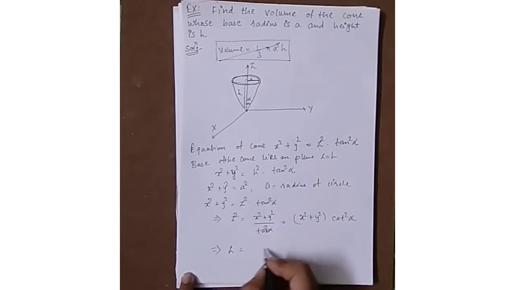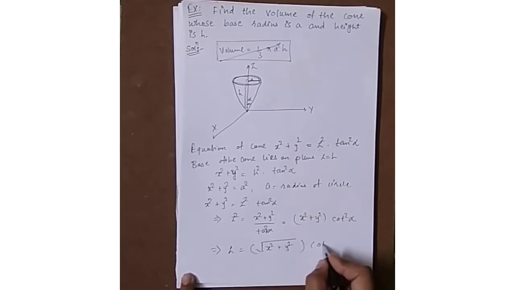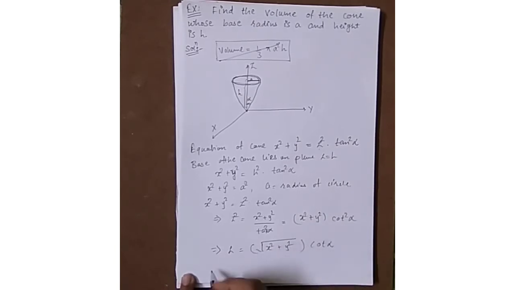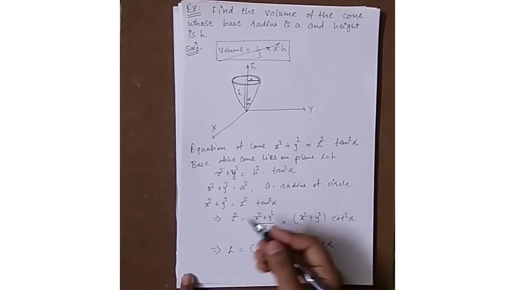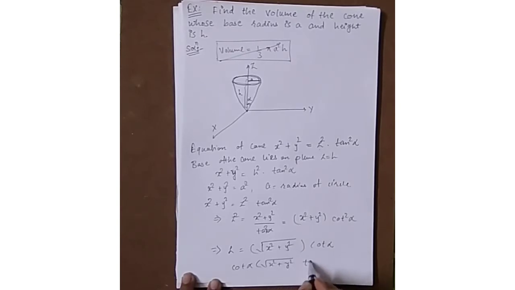It becomes z is equal to square root of x square plus y square into cot alpha. So my z varies in between cot alpha into square root of x square plus y square up to h.